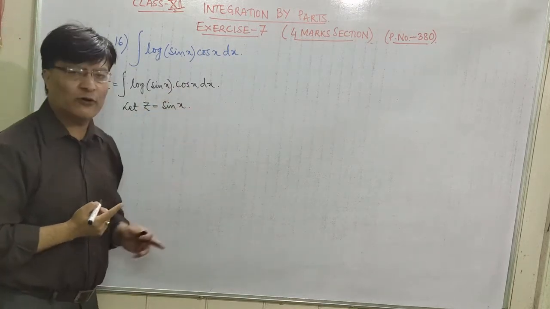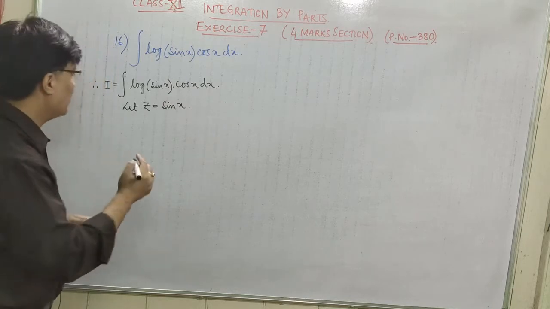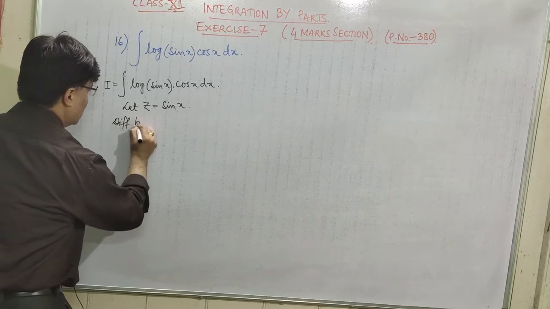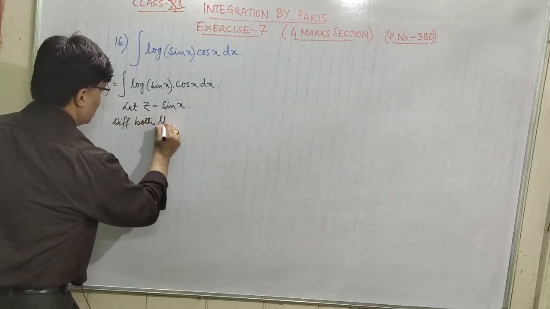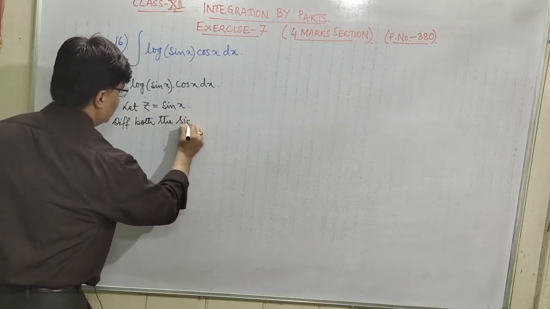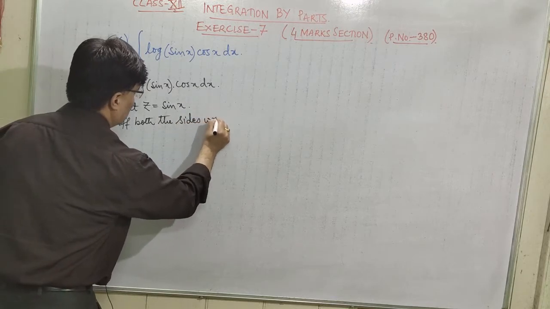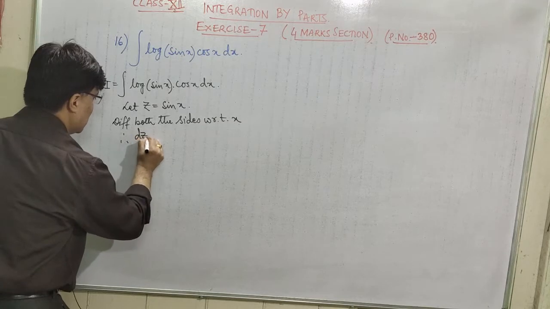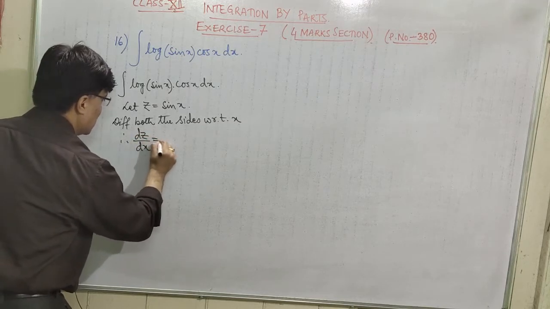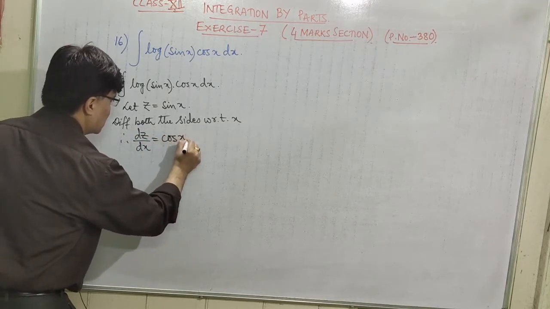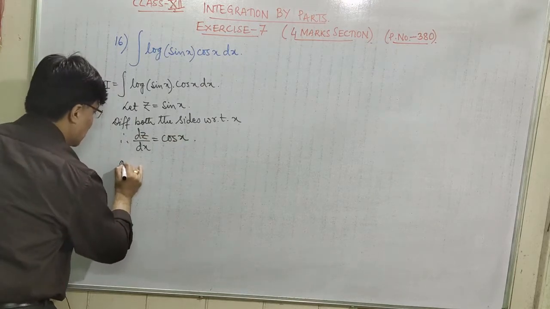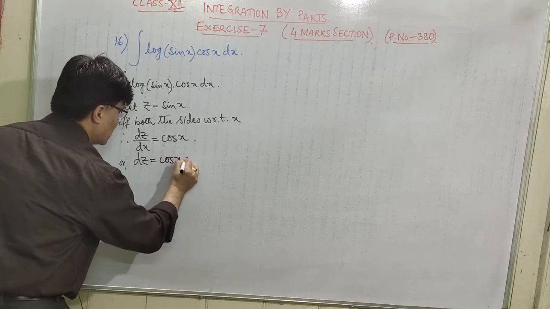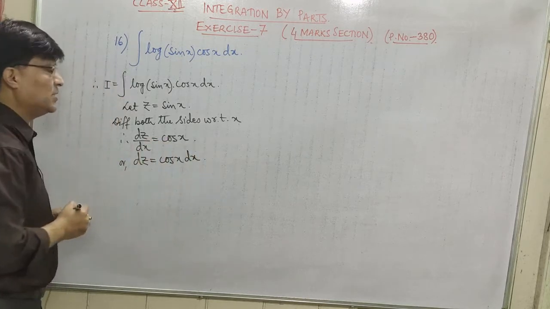So you should get the value for cos x dx. Let us differentiate both the sides with respect to x. So differentiating both the sides with respect to x. Therefore, dz by dx is equal to, what is the differentiation of sin x? It is cos x. Now let us do cross multiplication. So dz is equal to, this is your cos x dx.